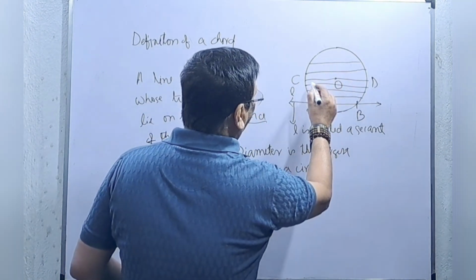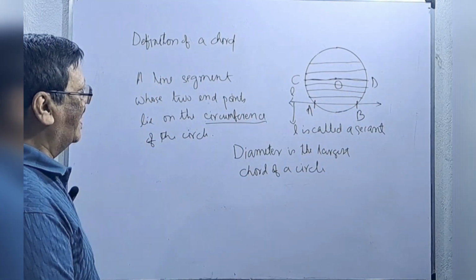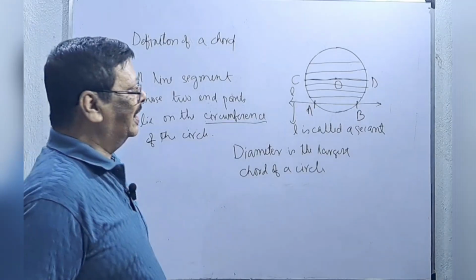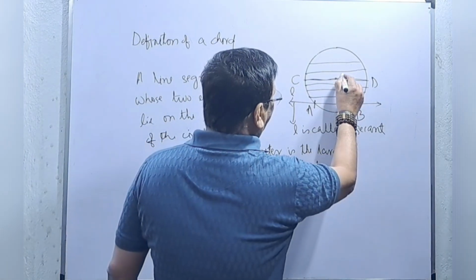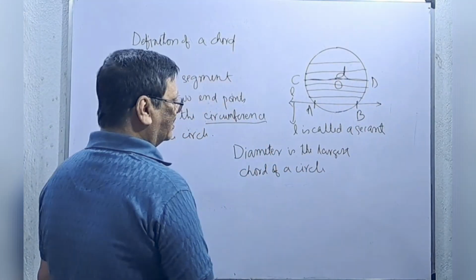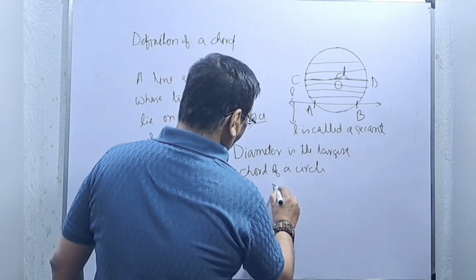So here it is CD, correct? Is that part understood? Now when we talk about largest chord, we call this largest chord D, so D is equal to diameter.